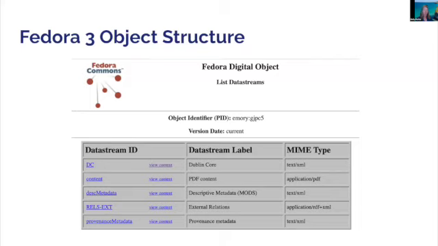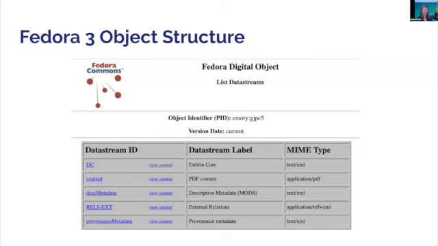The common metadata schema across any Fedora object will be DC, which is a Dublin Core file that has minimal description in it, and also this RELS-EXT file, which is a Fedora managed file that contains information, kind of like PCDM in a way, more of a structural entity.